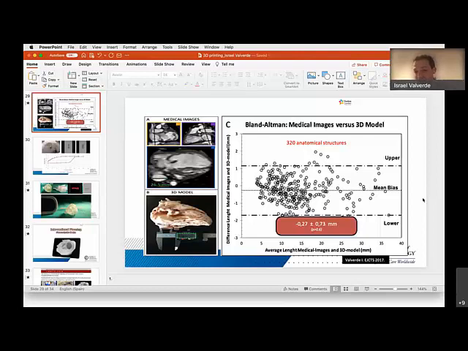And what we found is that the accuracy of the 3D printed model is just below a millimeter of difference, which is more than enough for planning surgery or interventions.